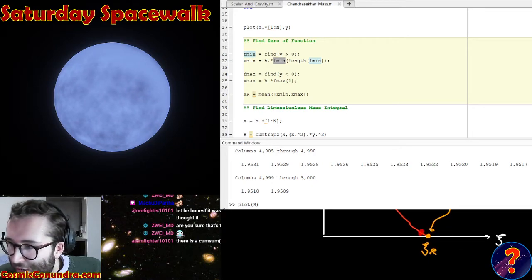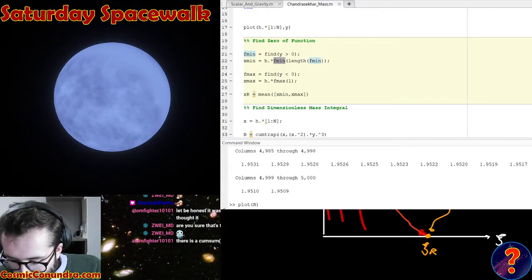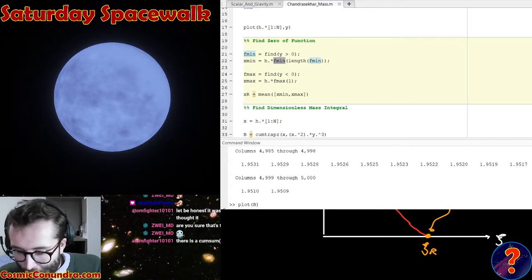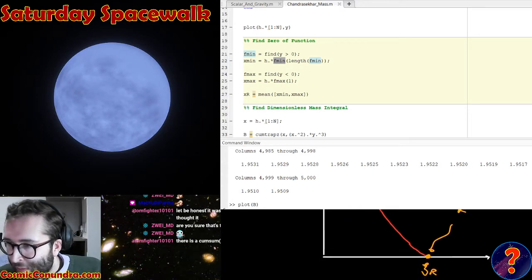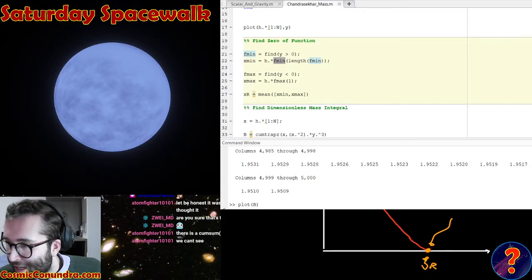So the closest I can get grid-point-wise is here, and if I take the cumulative sum up to here, it won't give me the integral of this function exactly, but the integral up to where I want to go, which is this outer radius r.